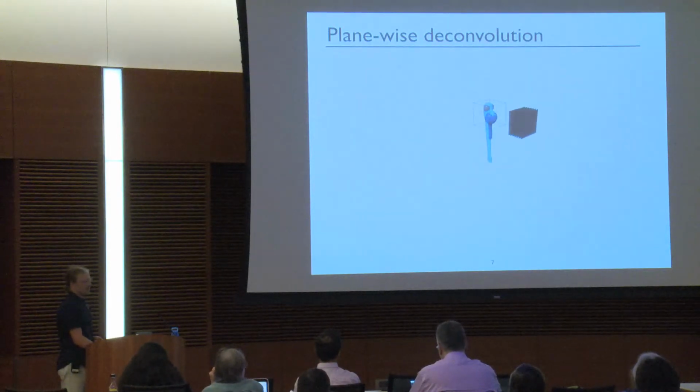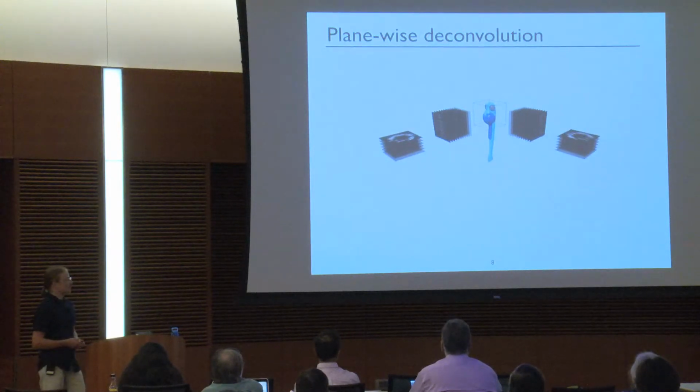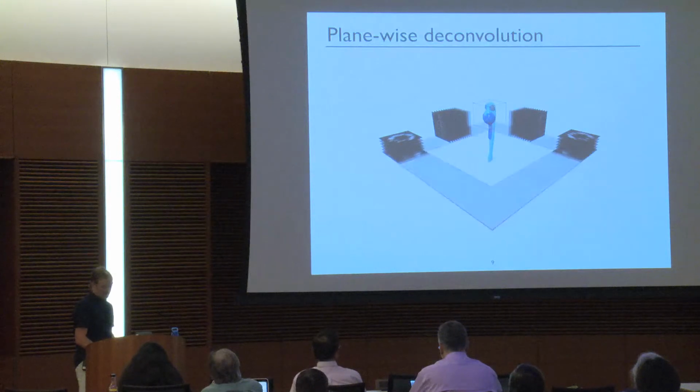First of all, we capture multi-view data, and then we reslice the data into planes which are orthogonal to the rotation axis, and you can see that these planes contain all the bad Z resolutions, and then we process these planes independently.